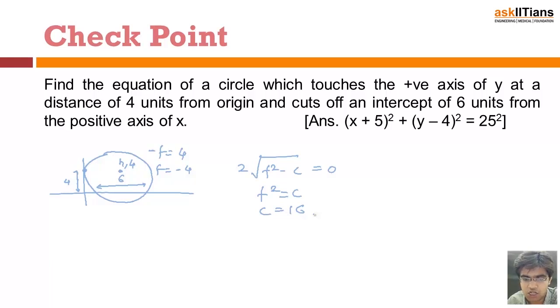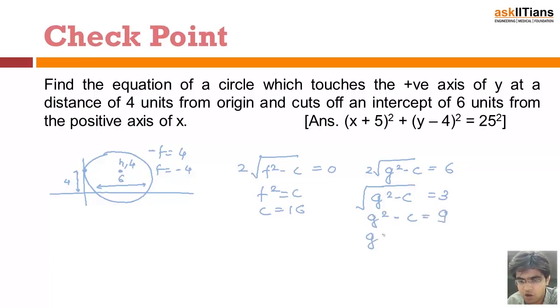If your c is 16, then let's look out for what is the information given for x-intercept. 2 root of g square minus c is equal to 6. That means root of g square minus c is equal to 3, and g square minus c is equal to 9. If we put the value of c, then g square becomes 16 plus 9, that is 25, or g becomes plus minus 5.